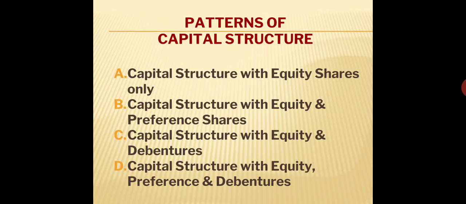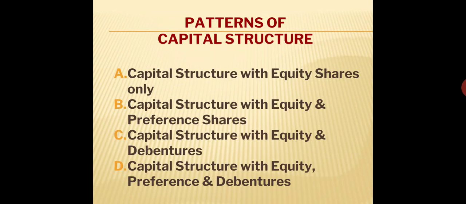Seventh one, generally the rate of interest on debentures is lower than the rate of dividend on preference shares, because debenture is a debt capital. So here the main purpose of issuing debentures is not to attract the market but to satisfy the need for debt capital.